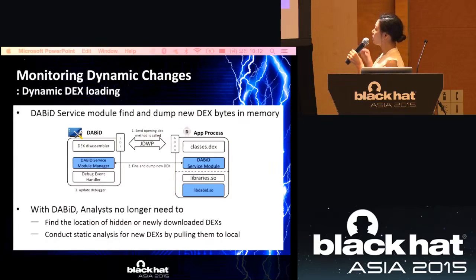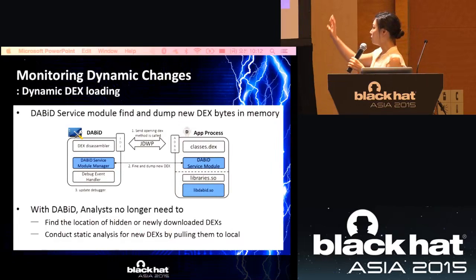When the open DEX method is called, the DABiD service module manager gives the order to the service module to find and dump new DEX. Then the service module browses memory, lists all the DEXes in memory, and compares it with the list it already has. By this comparison, it finds new DEX, dumps the new portion of memory, and gives it to the service module manager.